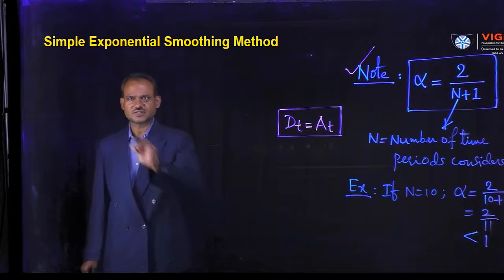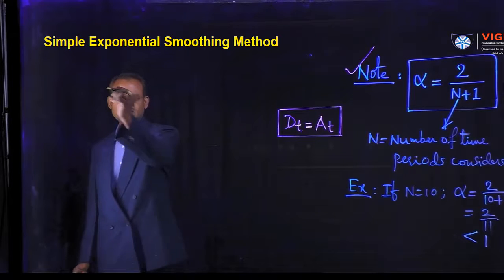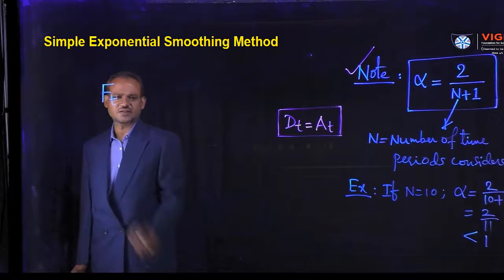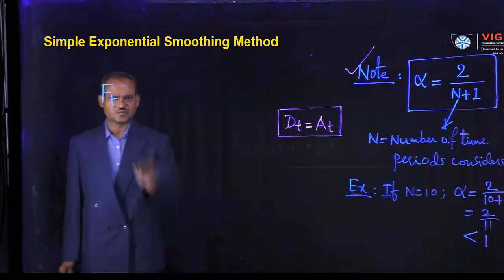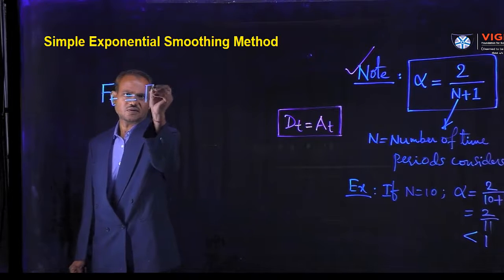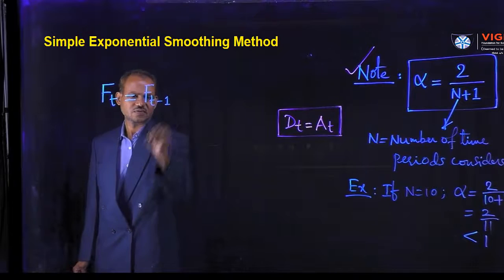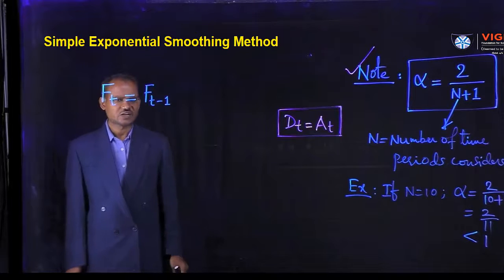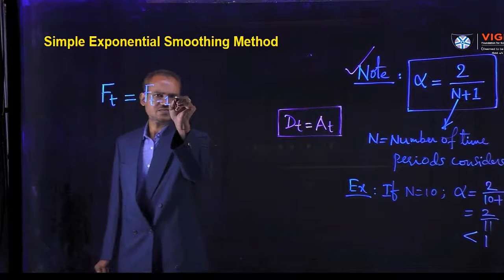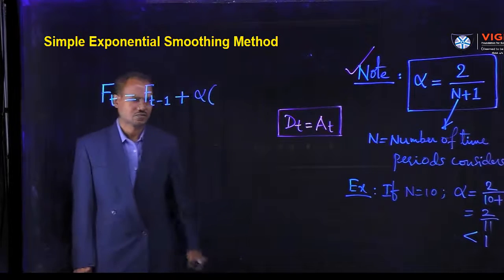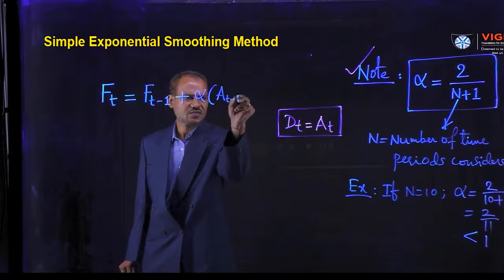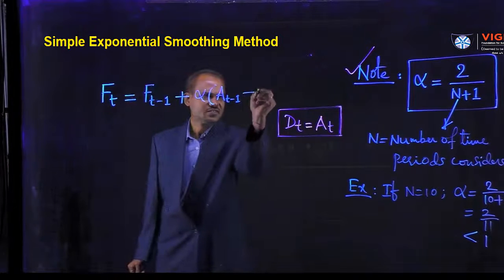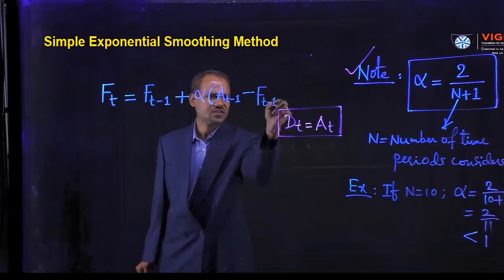In some textbooks, they may use this type of formula, that is, Ft, the forecast for the current period, is equal to Ft minus 1, the previous or old forecast, plus alpha into At minus 1, that means actual value for the previous period minus forecast value for the previous period.